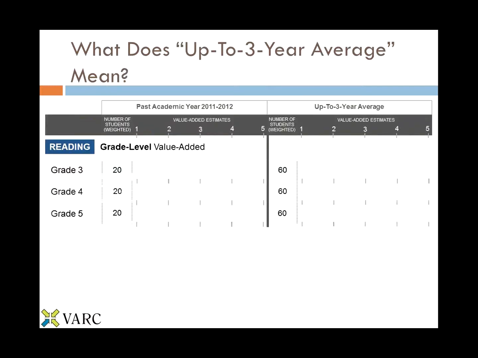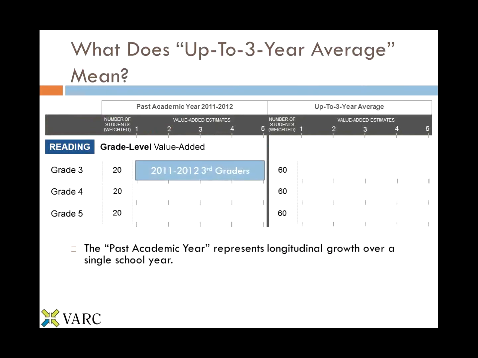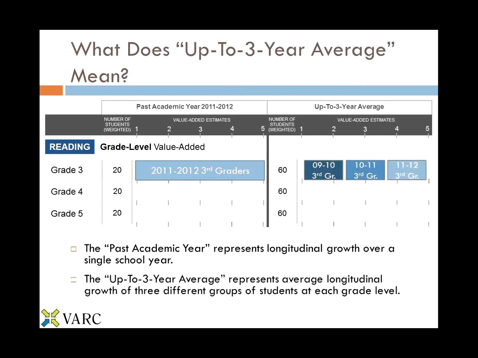I have one more example here to illustrate what we are actually giving you today. This past academic year is going to be the 11-12 third graders in the left-hand column. And in the right-hand column, we have the 9-10 third graders, 10-11 third graders and 11-12 third graders.